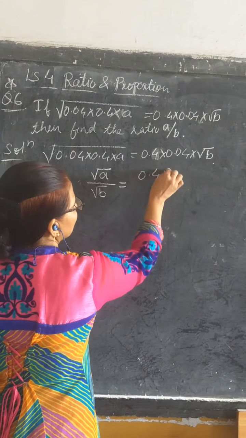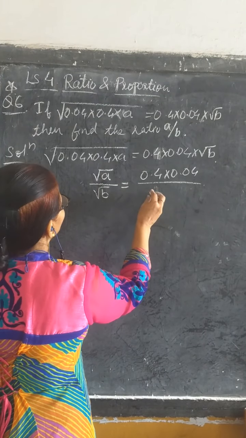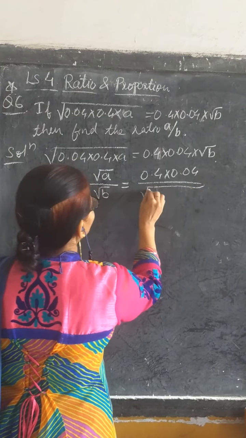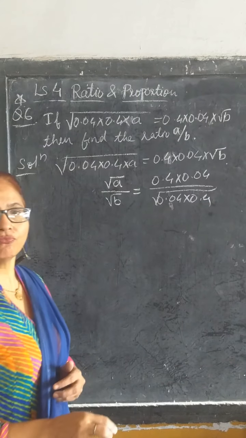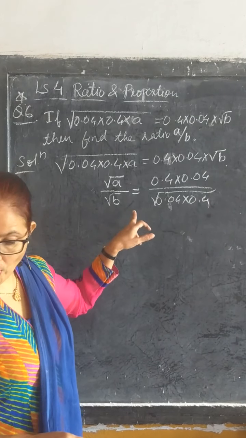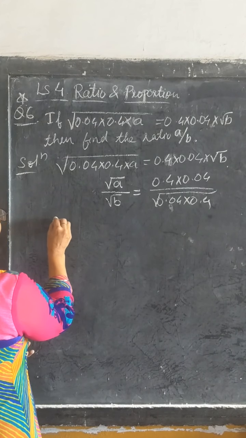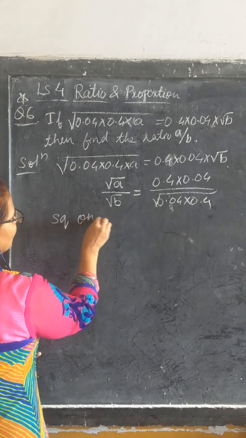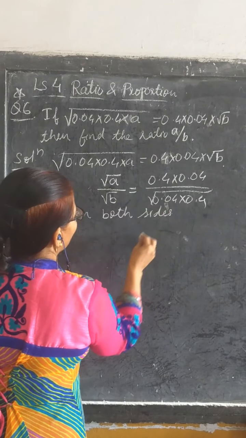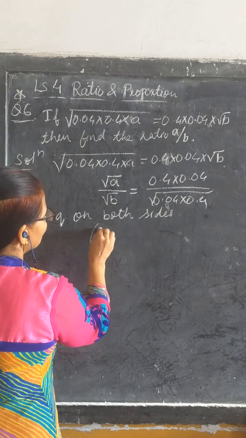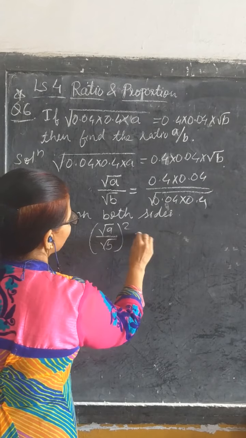After transposing, you will get square root of 0.04 into 0.4. Now children, we take square on both sides. So we write squaring on both sides. You have to take square. Now when you take square, let me write like this for you.